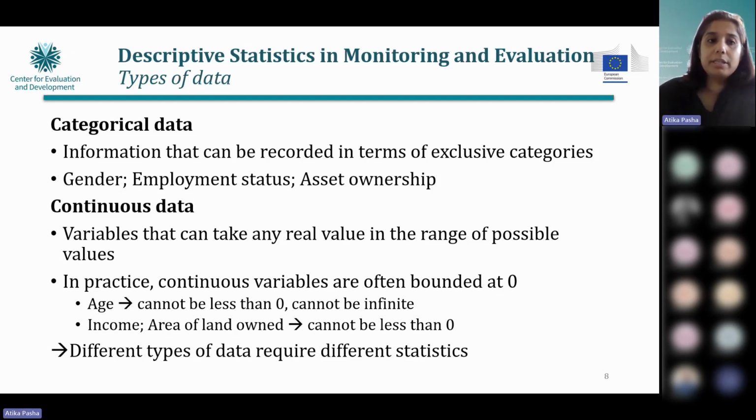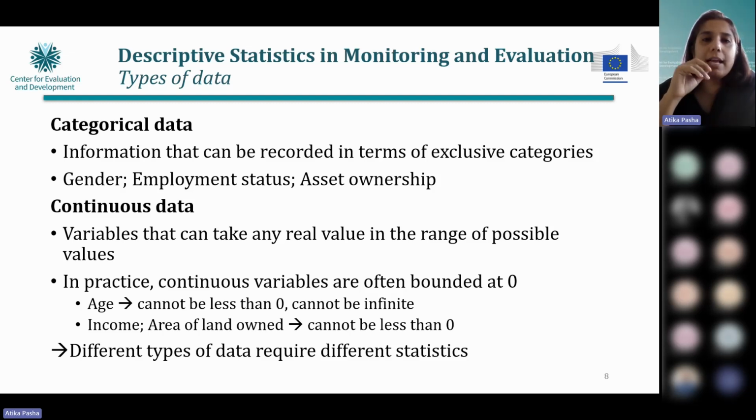As opposed to categorical data, you have continuous data, which is a variable that can take any real value in the range of possible values. If I look at the income of an individual, it can lie between 0 and 1 million or more, whatever you want to consider.